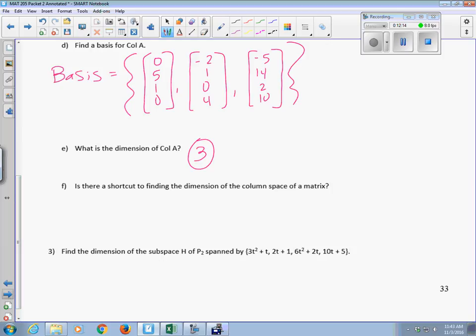Is there a shortcut to finding the dimension of the column space? The number of non-free variables, which we call pivots. So the dimension of col A equals the number of pivot columns of A.